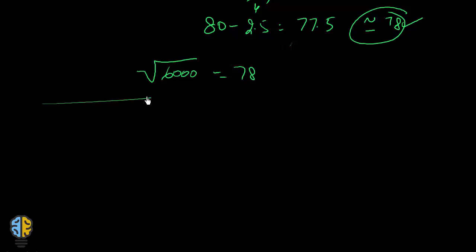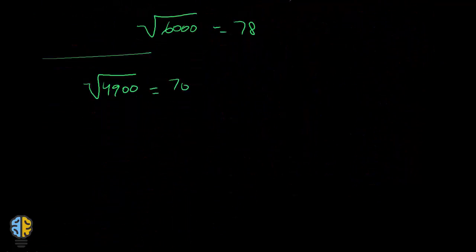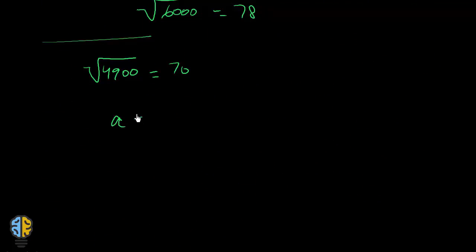Now what if we choose a number which is smaller than 6000 in this case? And yes, we can perfectly do that. So let's say the number is 4900. We all know the square root of 4900 is 70. So applying the formula again that we learned over here, a plus minus d upon 2a.